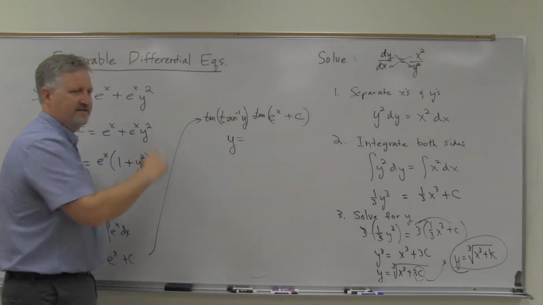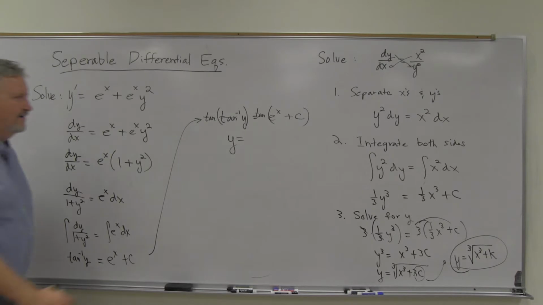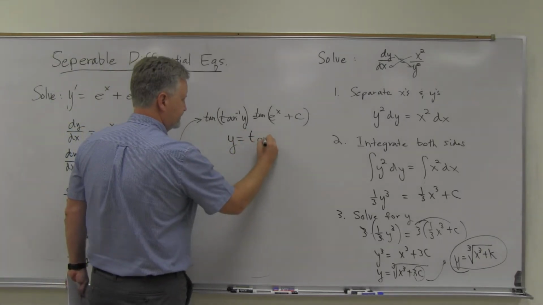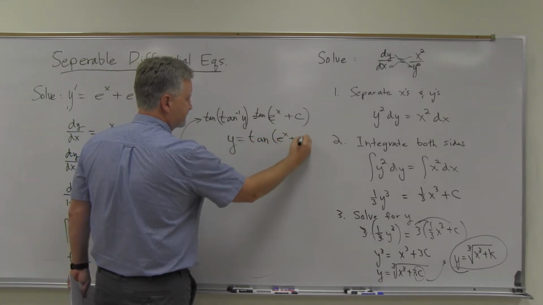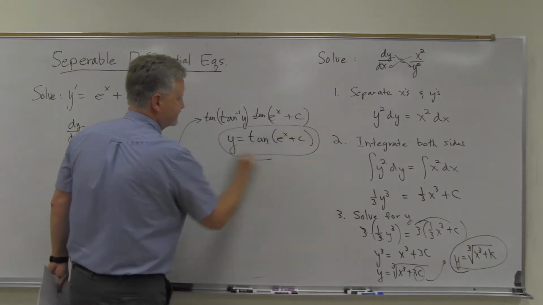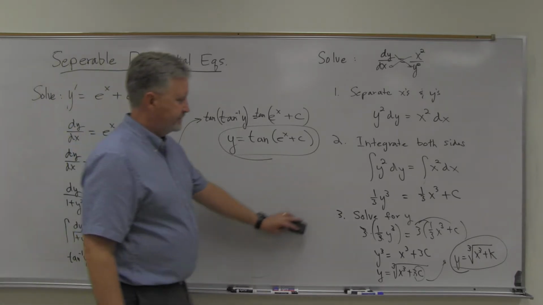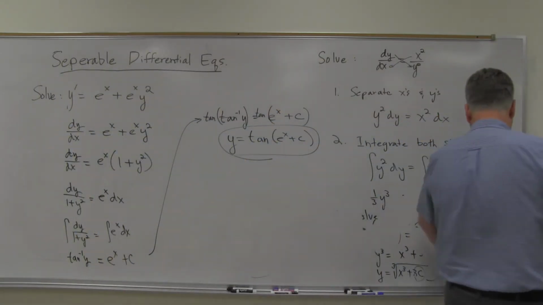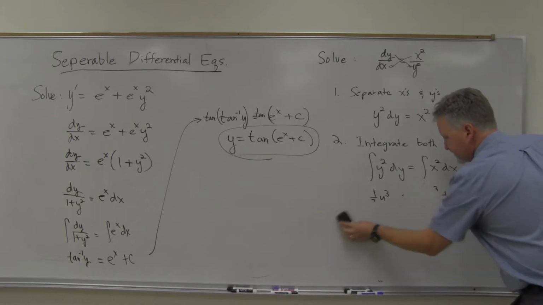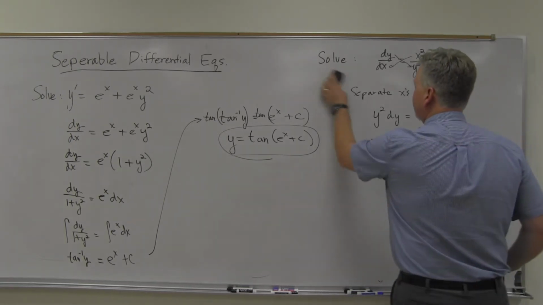Easiest way to think of that. There you go. y is the tangent of e to the x plus c. Okay? Question? All right. Let's see what else we can get ourselves into here.